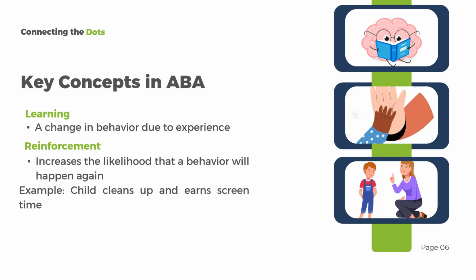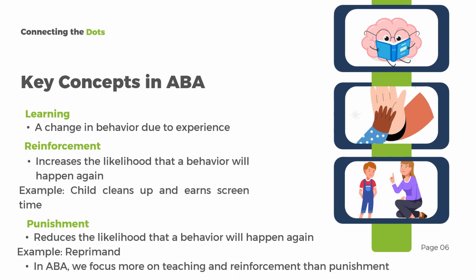An example of this is giving a child screen time after they clean up their toys, which may increase the likelihood that they will clean up their toys more often. And punishment, which decreases behaviors. An example of this could be a reprimand. I emphasize could because you will hear later in the series that a reprimand could also be a reinforcer for a child, but we will get more into that later in the video.